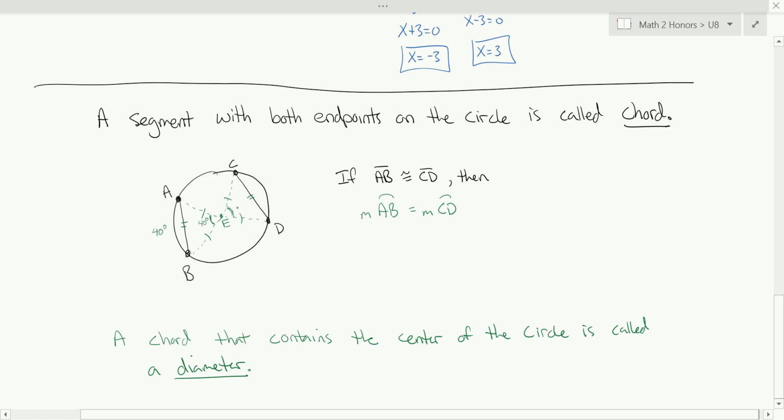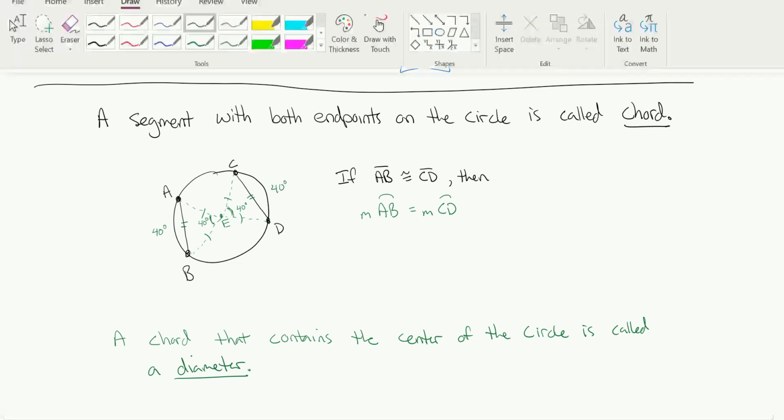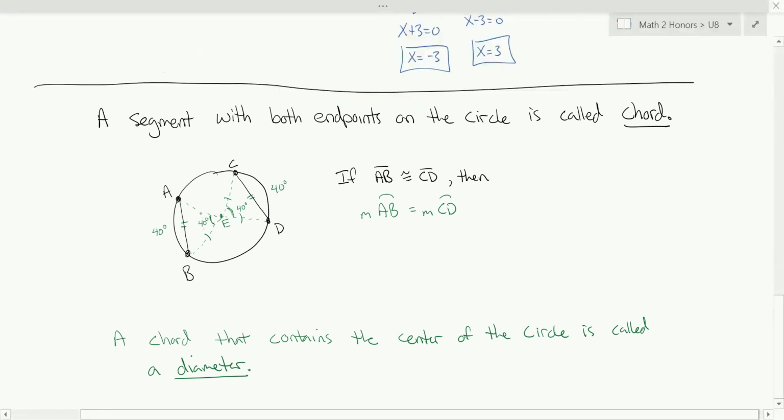And if those are congruent, they're both 40, and then this would also be 40. So that's the idea there. And I'll take away the triangle so you can see the key pieces here. If you have two chords that are congruent, then the arcs that they intercept are also going to be congruent, and the measures of those arcs will be congruent.